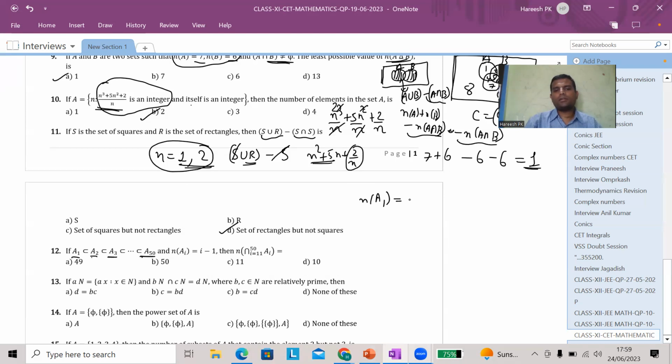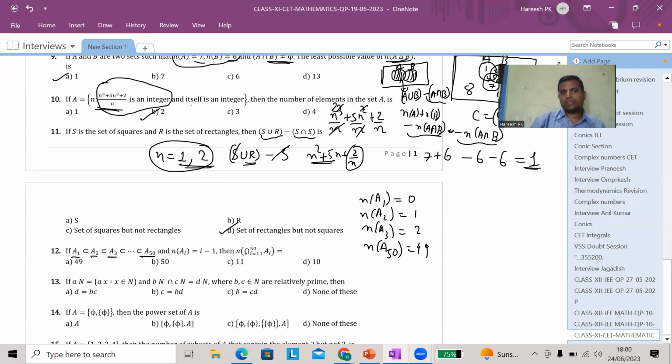In A1, we have 0 elements. In A2, we have 1 element. In A3, we have 2 elements. And in A50, we'll have 49 elements.